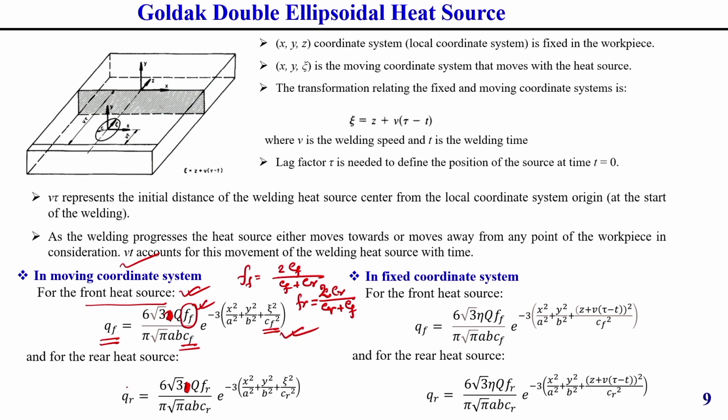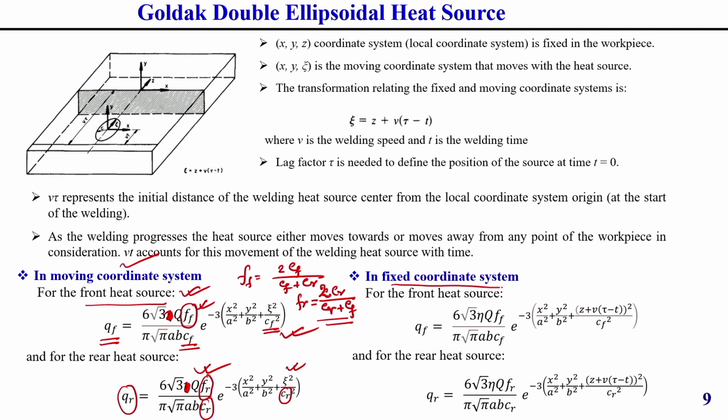And for the rear portion of this ellipsoid you need to apply this heat source equation. Here we have to apply a fraction fr, how this fr comes I have already shown, and instead of c there you have to use cr, here also you have to use cr. This is for moving coordinate system.